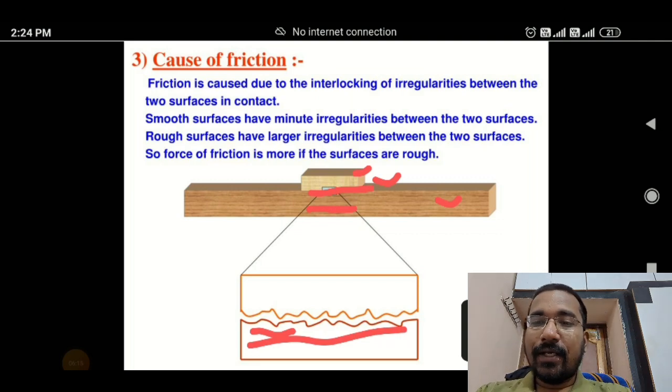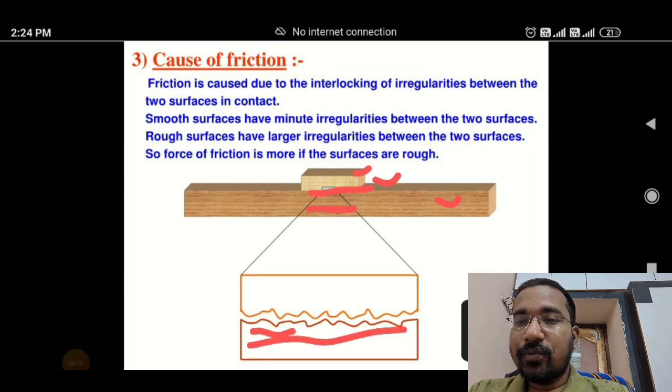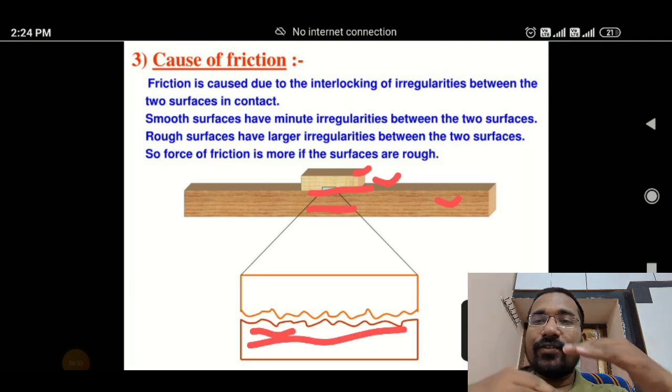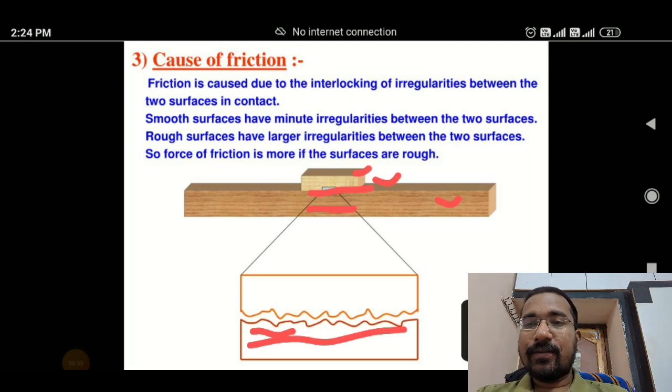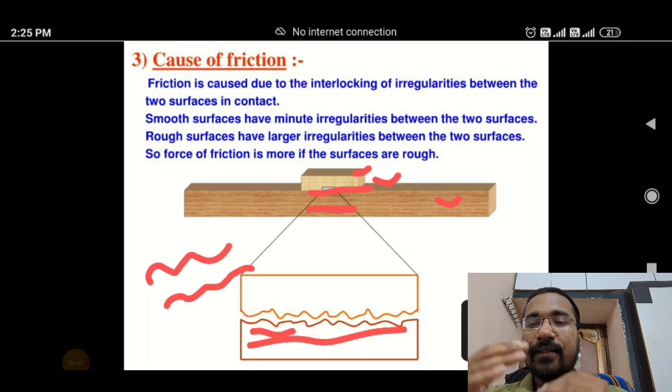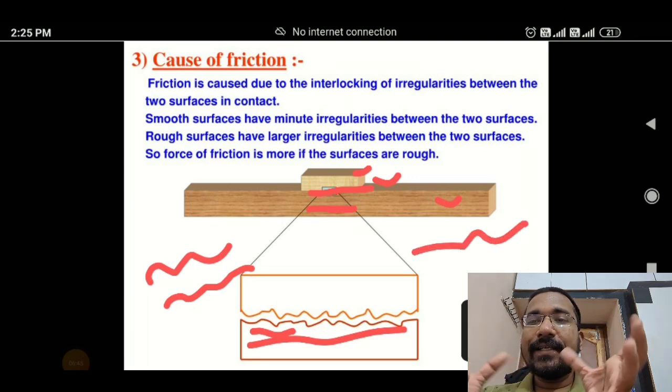A smooth surface has minute irregularities, which means fewer irregularities. A rough surface has larger irregularities. So if there are minute irregularities, there is less interlocking, and if there are more irregularities, there is high interlocking.